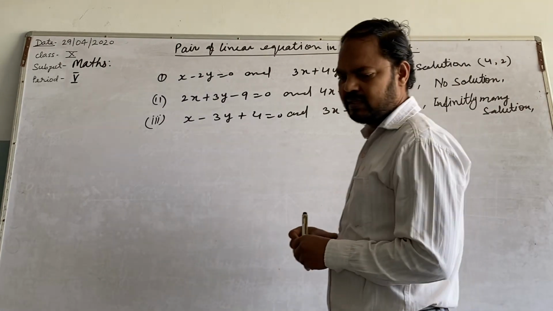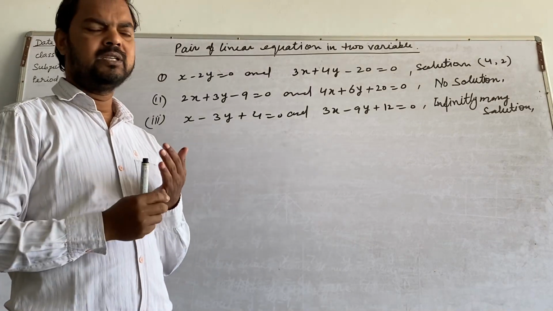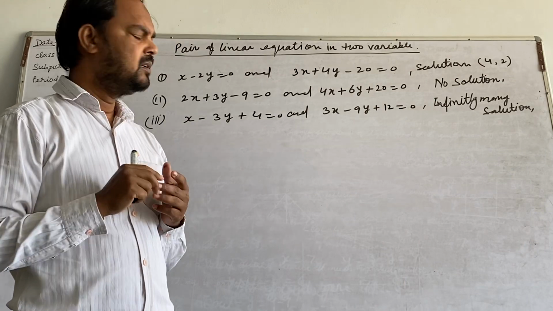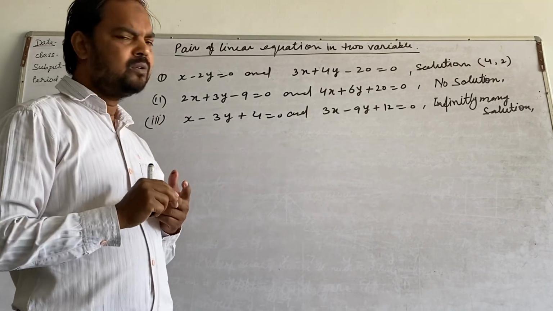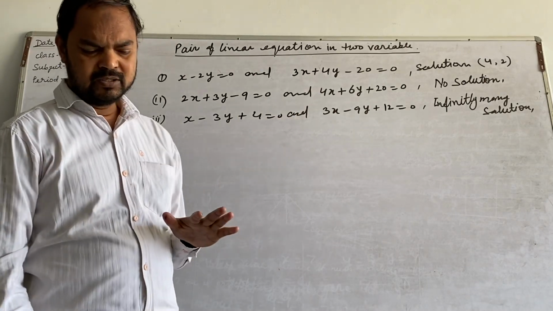Means I want to say that for a pair of linear equations, there are three situations you will find. First, a single solution. Second, no solution. Third, infinitely many solutions.